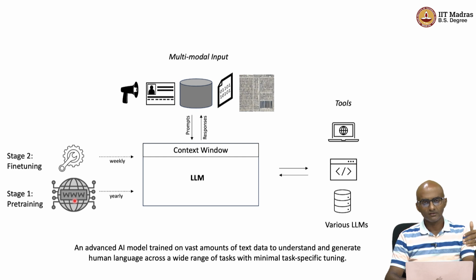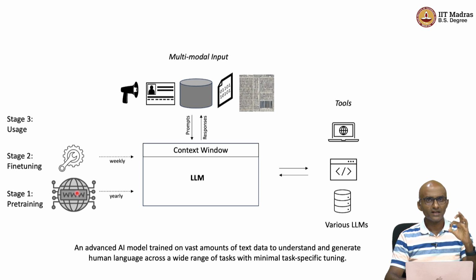And then the foundation models in turn, like I said, can be used for fine-tuning a variety of different use cases. The fine-tuned models are what gets produced on a weekly basis. I mean, weekly is an order of magnitude. It's definitely not yearly, can be weekly, fortnightly, monthly.